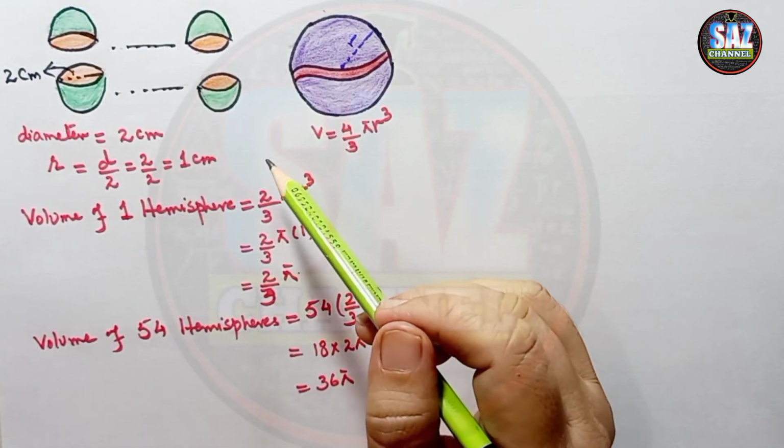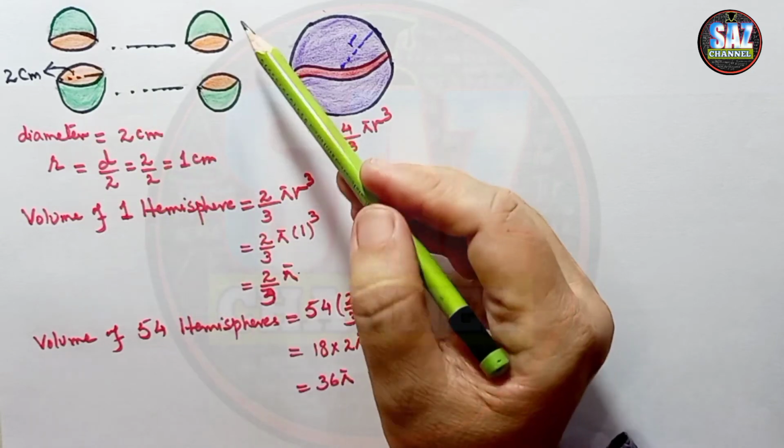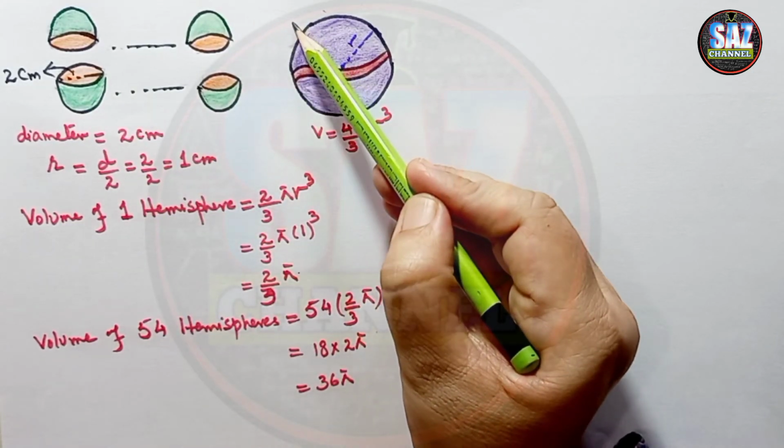Now what we are going to do is melt all these hemispheres and make this big sphere.